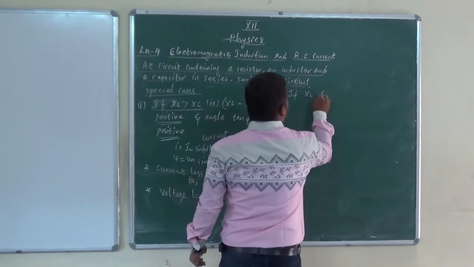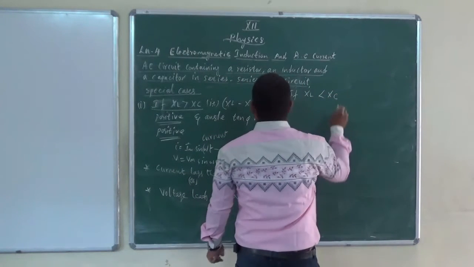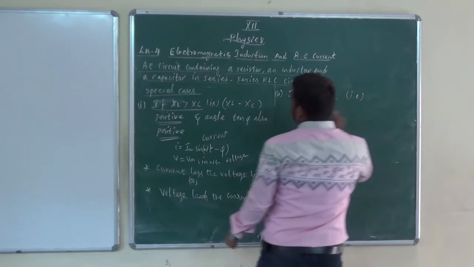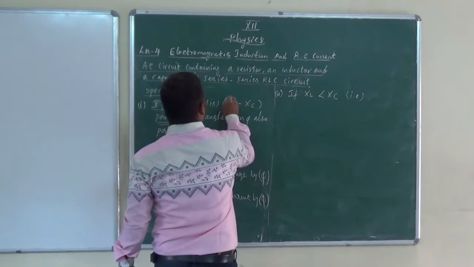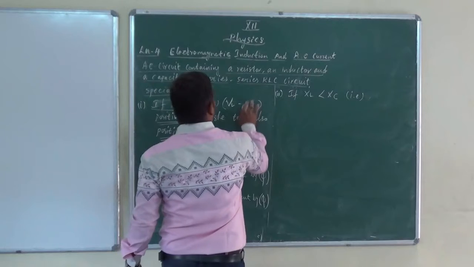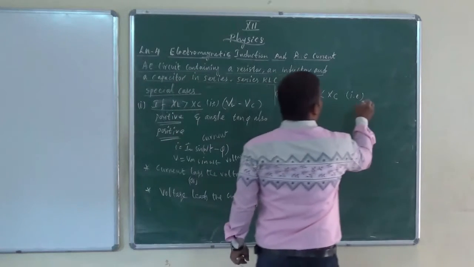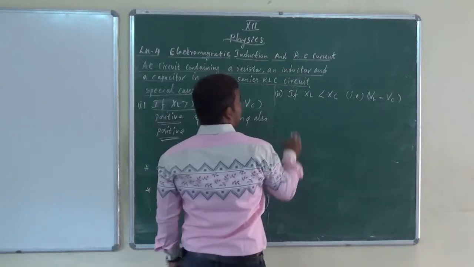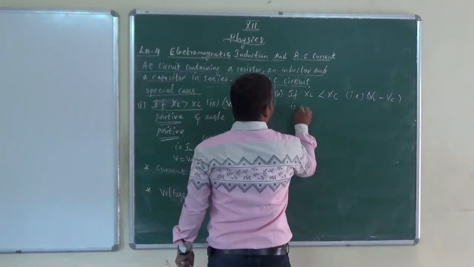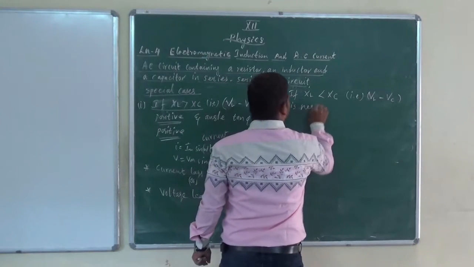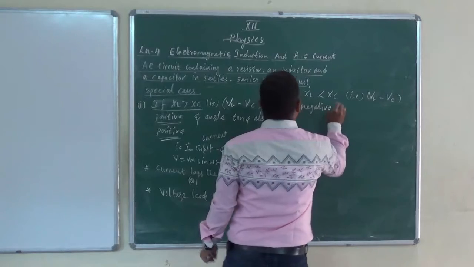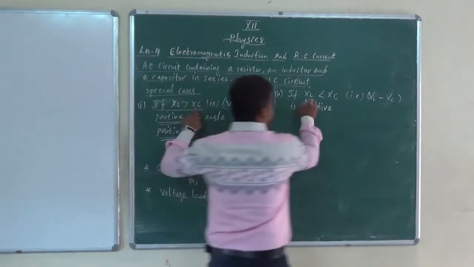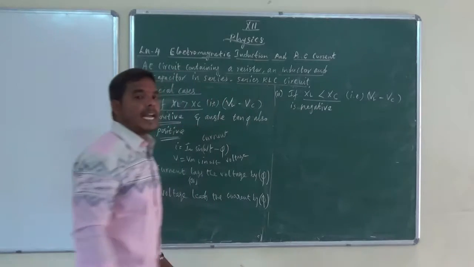If XL less than XC, then VL minus VC is negative. Before, it was positive when XL was greater than XC, but here XL is less than XC, so it is negative.